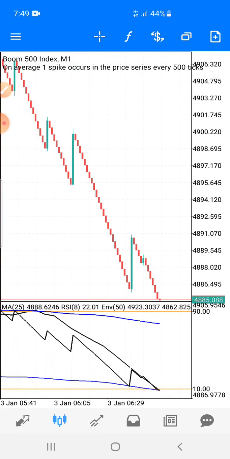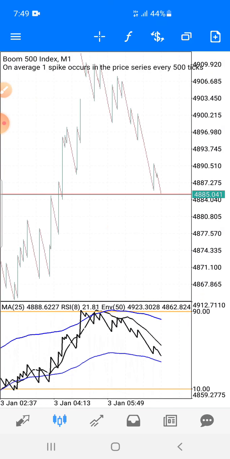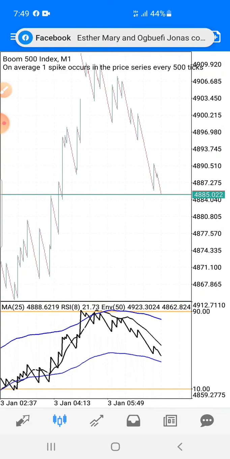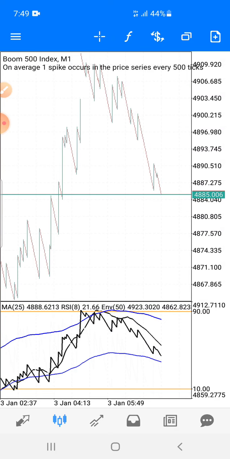If you buy here, you are making a mistake. This is not the strategy. You need to zoom out completely before you see the lines. Once the lines converge when you zoom out completely, that's when you buy. Please pay attention to this, because we are catching multiple spikes. That is the plan. It's not just one spike.